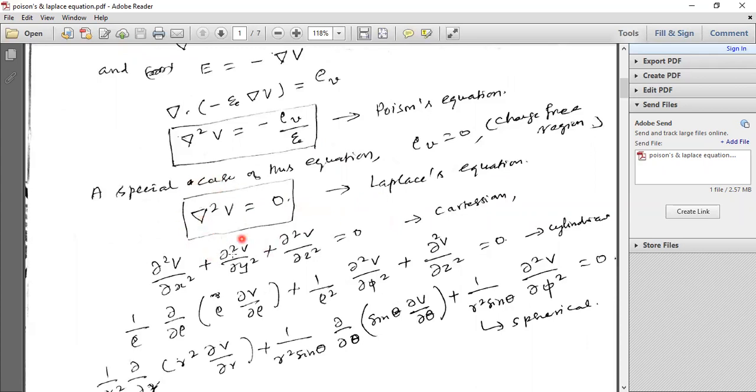Applying the Laplacian in differential form, we can write it as dou square V by dou x square plus dou square V by dou y square plus dou square V by dou z square equals 0. This is in the Cartesian coordinate system. The corresponding Laplace equations in cylindrical and spherical coordinate systems are given in these equations.